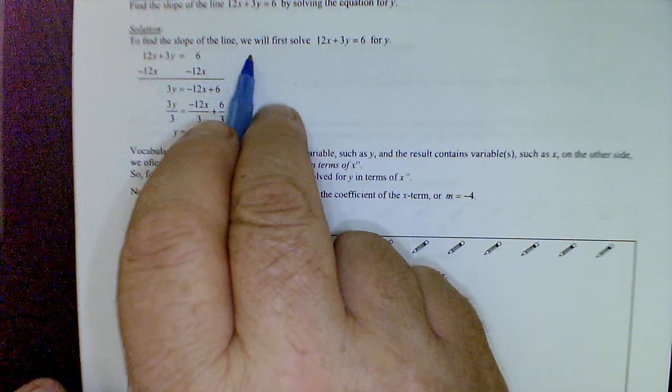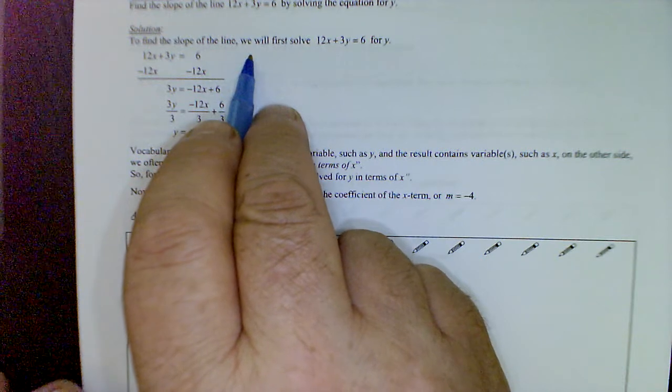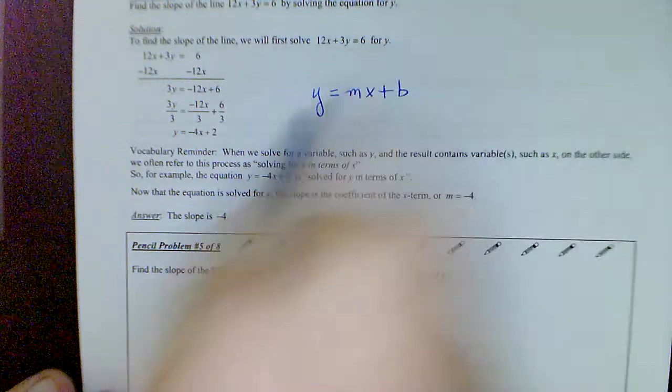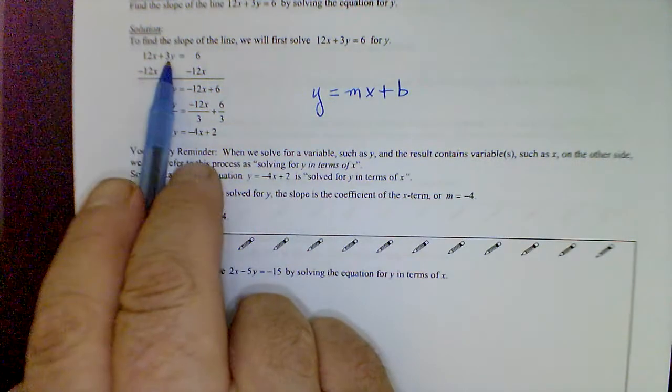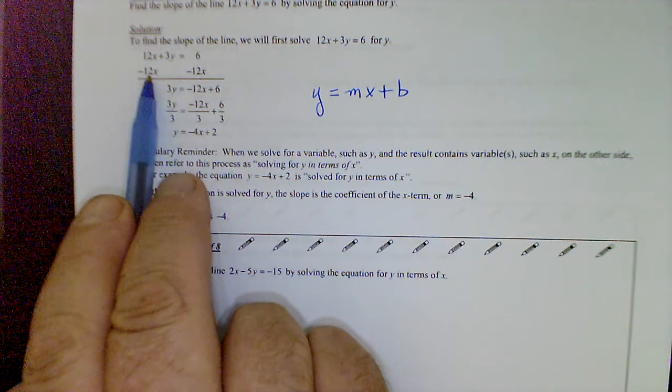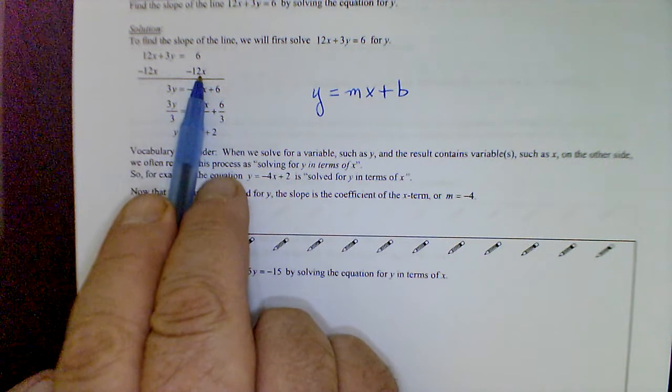Here's where students have a little bit of difficulty. So just to talk about example 5 quickly, we have to obtain the form y equals mx plus b. Isolate the y. And to do so, in this case, we first need to get rid of the 12x. So notice how we subtracted 12x from both sides.